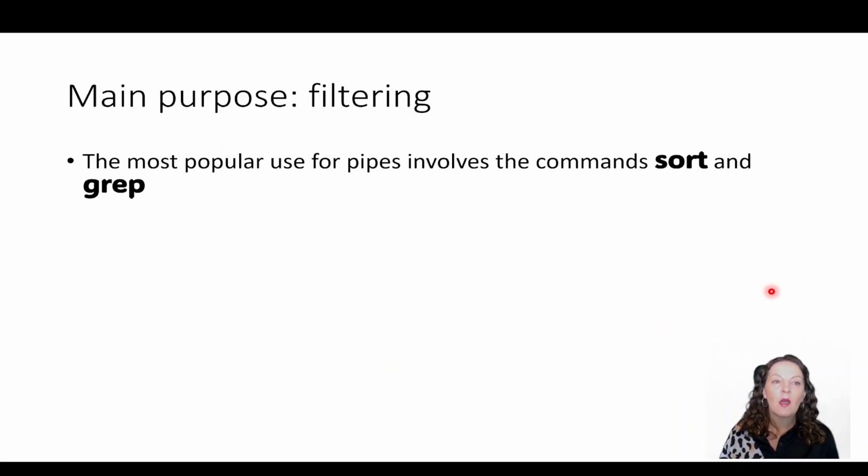The main purpose of using pipes, and one of the most popular uses, would be when you're using it alongside a command such as sort or grep. Obviously you can use any command, but these are very common ones. So you want to take the output of ls -l and then sort it by file size maybe.